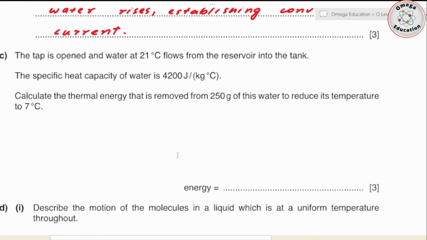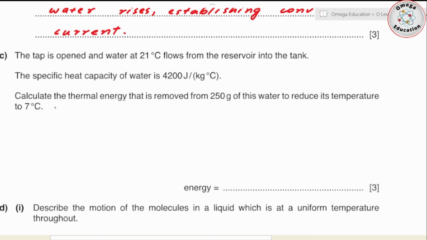A tap is open and water at 21 degrees centigrade flows from the reservoir into the tank. The specific heat capacity of water is 4200, followed by the unit. Calculate the thermal energy that is moved from 250 grams of this water to reduce the temperature to 7 degrees Celsius.